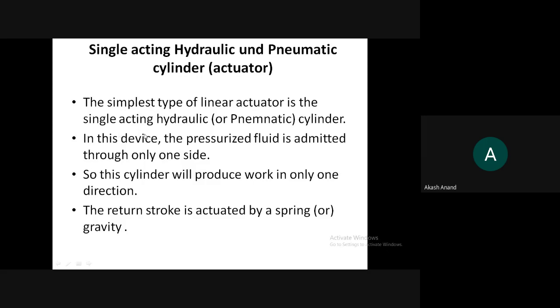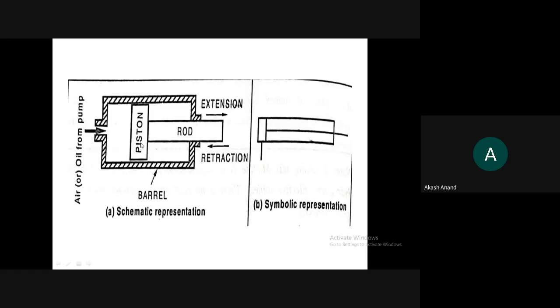In this device, the pressurized fluid is admitted through only one side. I will explain with the figure. You can see this is the single acting type of pneumatic or hydraulic actuator. The pressurized fluid, that is oil from the pump, is entering only through one side of this cylinder or barrel.